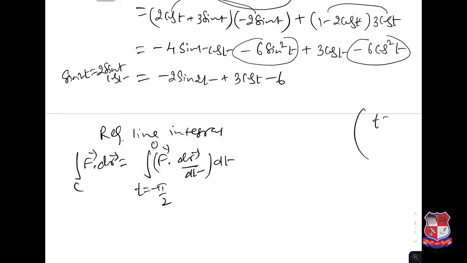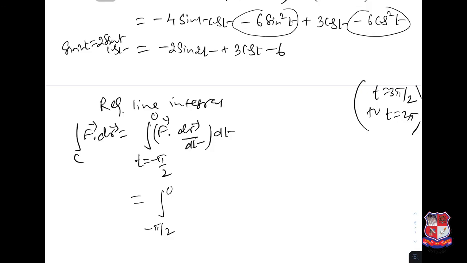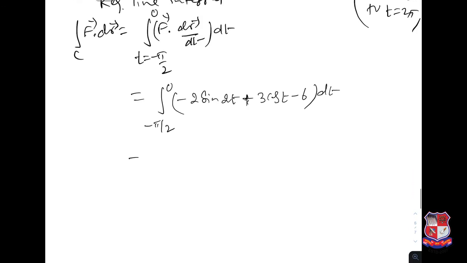Even you can take t from 3 pi by 2 to 2 pi also, you will get the same answer. So this is equal to integral from minus pi by 2 to 0. Now F dot dr by dt is this one, minus 2 sine 2t plus 3 cosine t minus 6 dt, and then integrate.